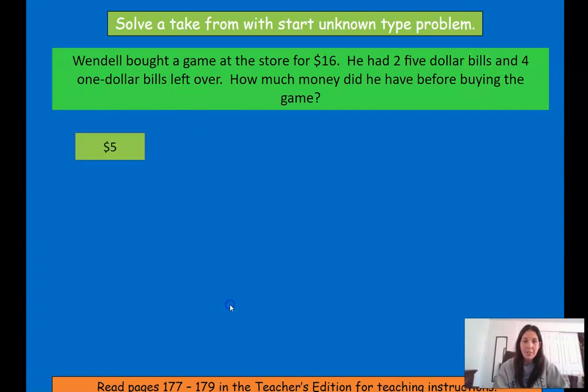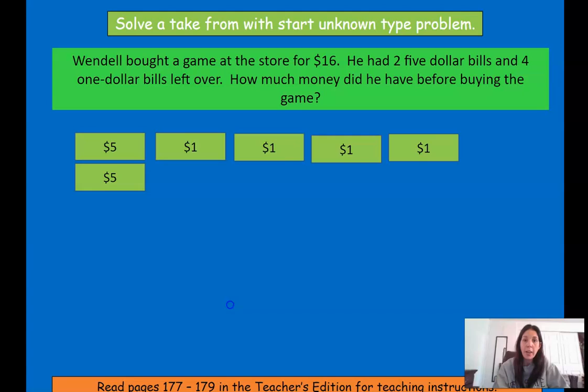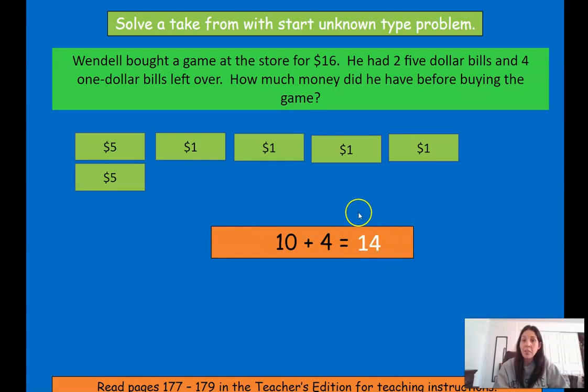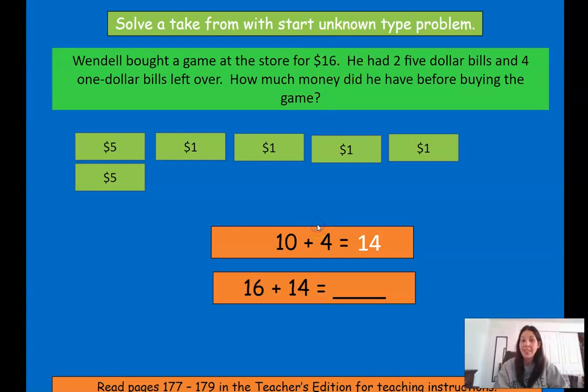Okay, so let's see if we can draw a picture. So we have our 2 $5 bills and our 4 $1 bills. That's how much he had left over. So that's 10 plus 4 gives us 14. And now we also have to add it to how much he spent already, because we want to know how much he started with at the very beginning.